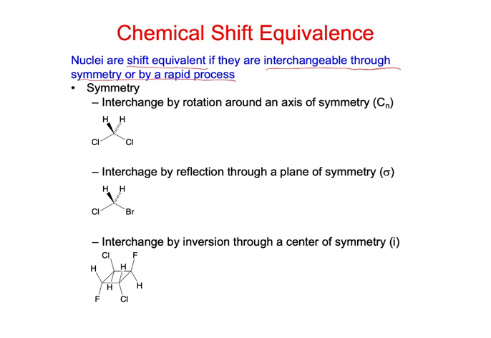Okay? And so some of the different ways that they could be interchanged, here at this top one, is if they can be interchanged by rotation around an axis. So if we put an axis right down through the middle here, we could rotate this by 180 degrees. So this would be a C2 axis.